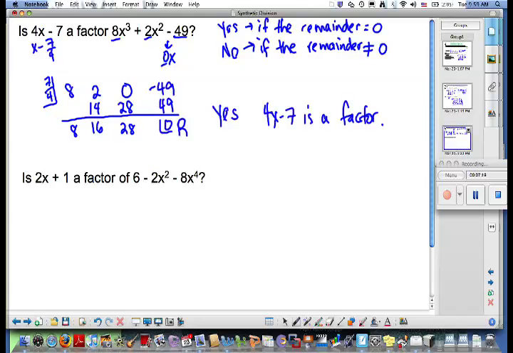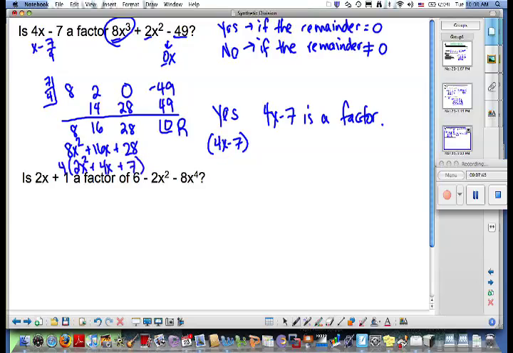If we need to write that in completely factored form, we have 4x minus 7. This started out as x cubed, so we're going to have 8x squared plus 16x plus 28. We can know that right there we can factor a 4 out of that. What's left is 2x squared plus 4x plus 7.